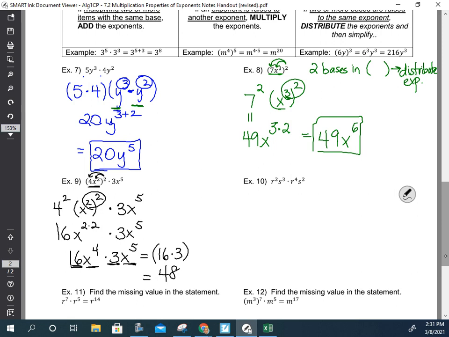So you have two bases being multiplied together. Keep the base, add the exponents. 4 plus 5 is 9.